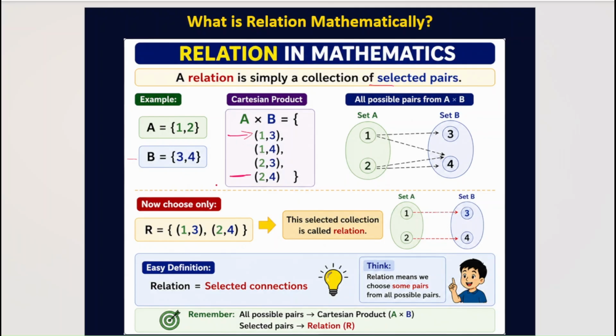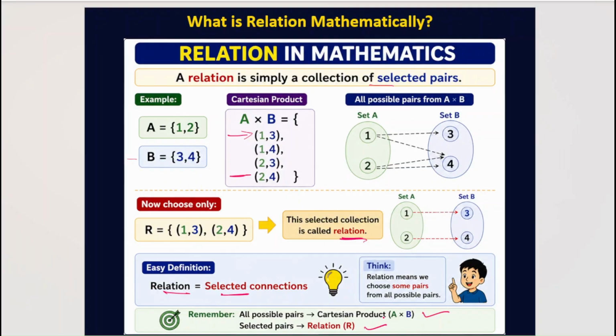In this case, it is (1, 3) and (2, 4). This selected collection is called a relation. So relation is basically a selected collection, right? You must remember, if all possible pairs are selected, then it is a Cartesian product. If you have only selected pairs, it will be known as a relation.